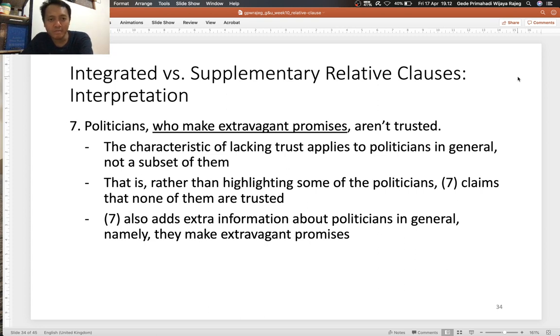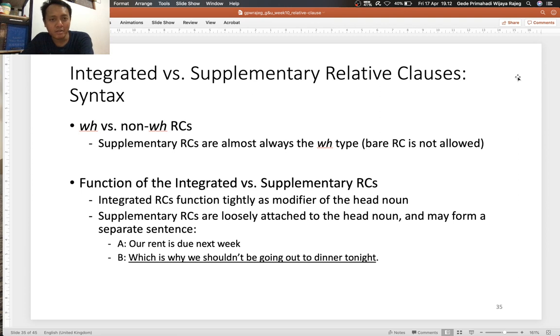Good. Now, in terms of syntax, the difference between integrated and supplementary relative clauses has to do with the types of the relative pronoun. Supplementary relative clauses almost always have the WH type as the relative pronoun, but a bare relative clause without the relative pronoun is not allowed for supplementary relative clauses.